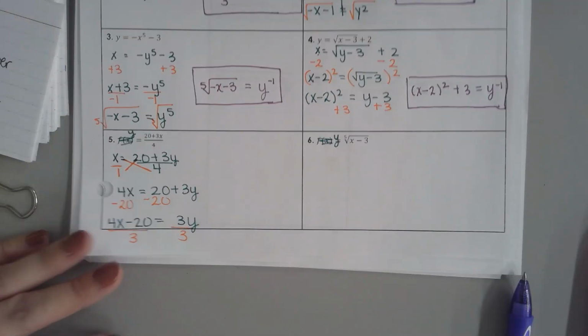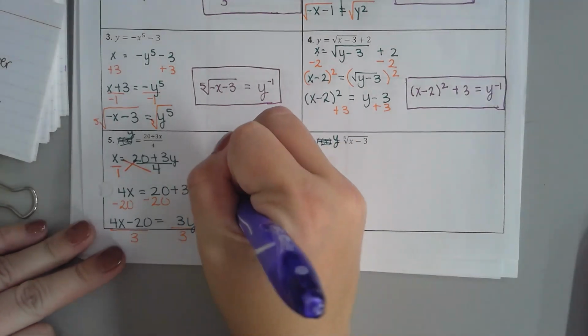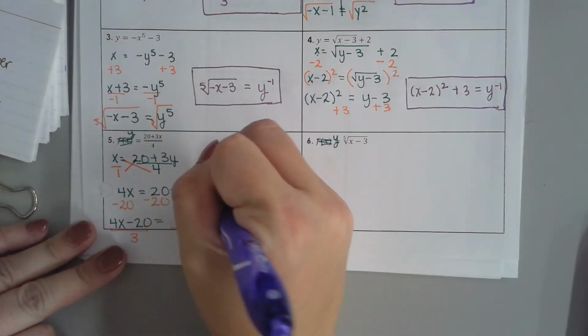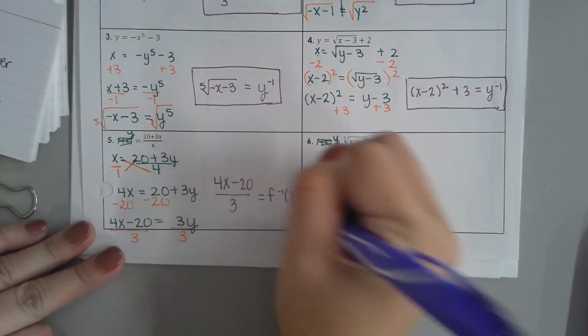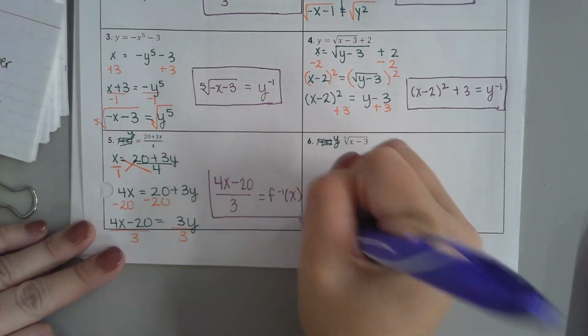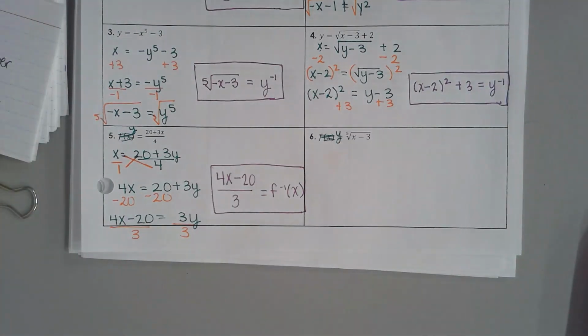No, there's not a negative under there. If I changed all my signs, that would give me a negative, and then I'd just change them right back. So my final answer is 4x minus 20 over 3. Or you could put y inverse, whatever.